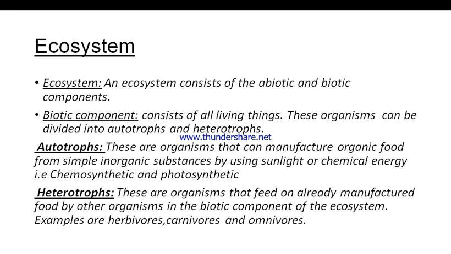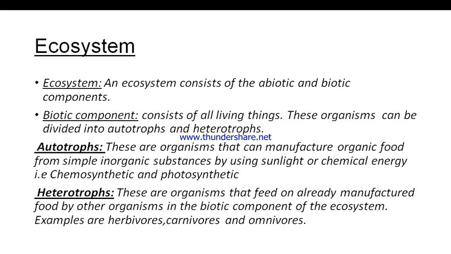The autotrophs are also called the producers, and the heterotrophs are also called the consumers. The autotrophs produce their own organic food from simple inorganic substances using sunlight or chemical energy. Those who use sunlight are said to be photosynthetic. Photo means light, while synthesis means production, so photosynthesis is light production of food. An example we all know is green plants.